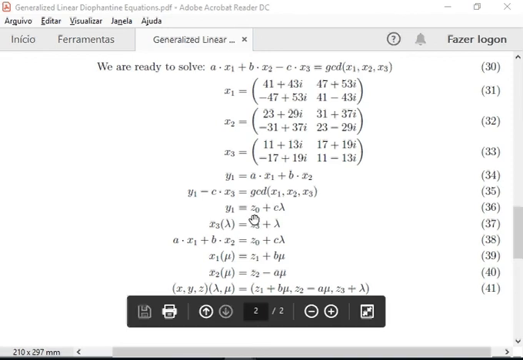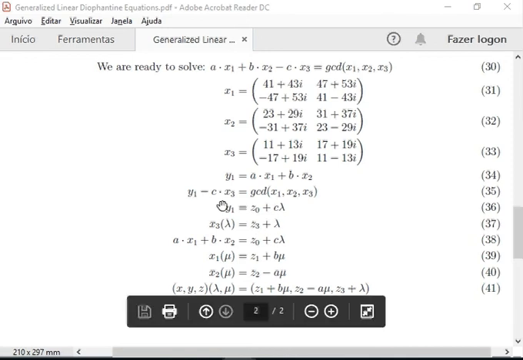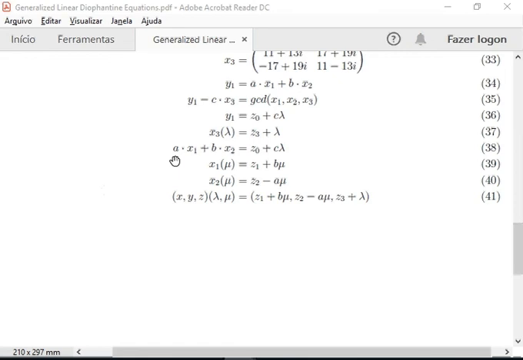We have an ordinary solution z0, z3. And whenever we add c to y1, we have to add 1 to x3. Right? Now we're going to turn back to the definition of y1.